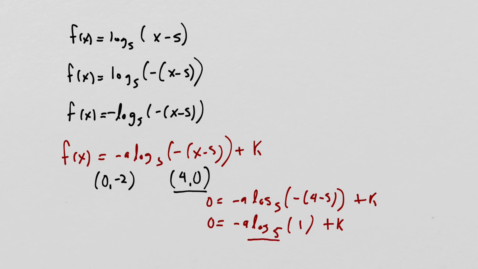The log base 5 evaluated at 1 is the same thing as 0, so we'll get 0 is equal to k.